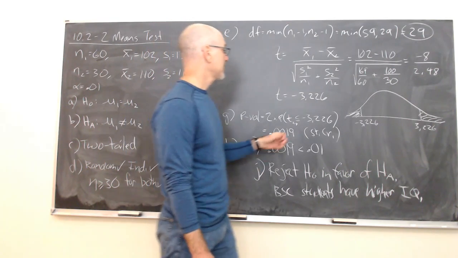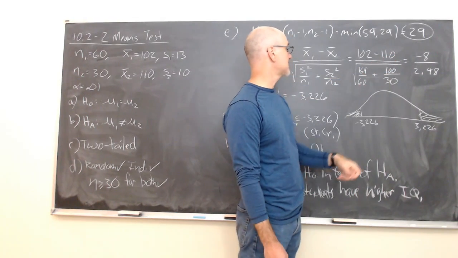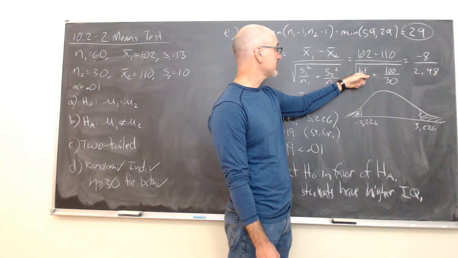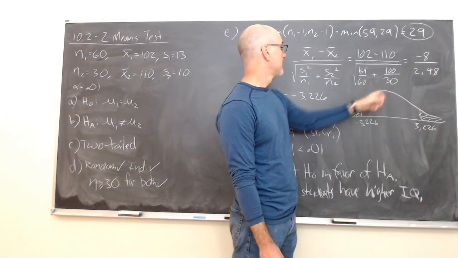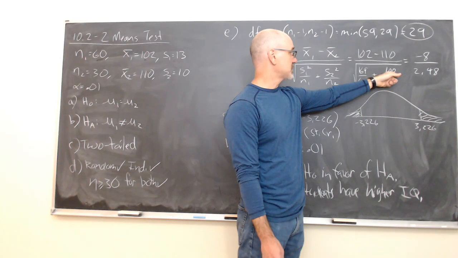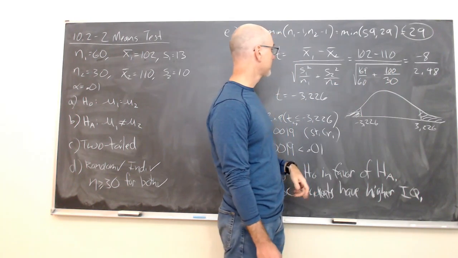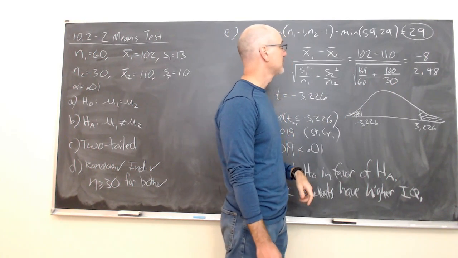All right, so we plug in everything we know. Sample mean for Samford, sample mean for BSC, sample standard deviation for Samford squared, so 13 squared is 169, that's already been done. Sample standard deviation for BSC is 10, squared is 100, so that's been done as well. And then the two sample sizes, 60 and 30, respectively.